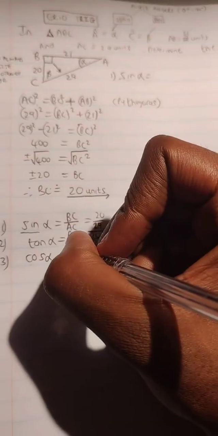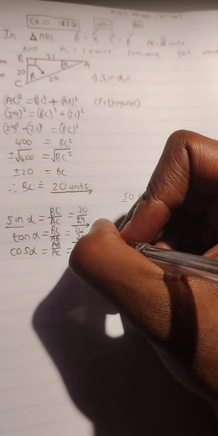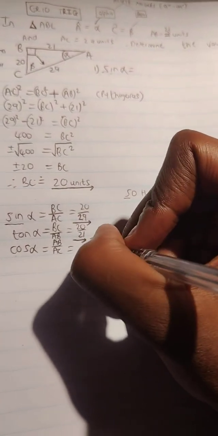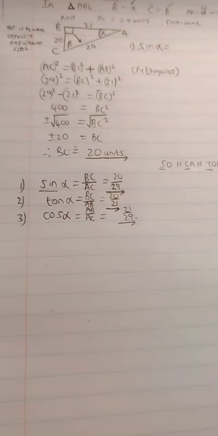So we can say AB over AC, which when we substitute is 21 over 29. And that's it. Can we simplify any further? No, we leave it just like that.